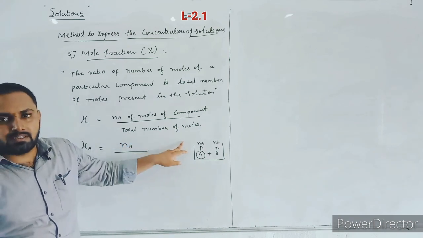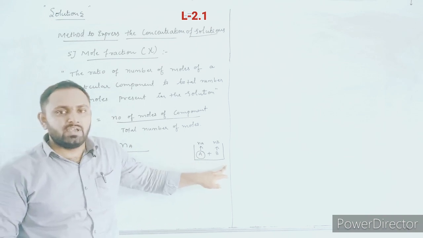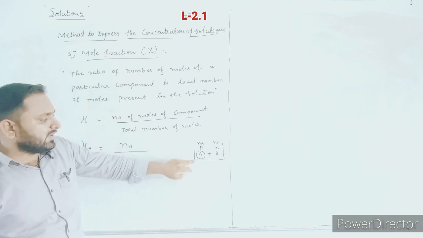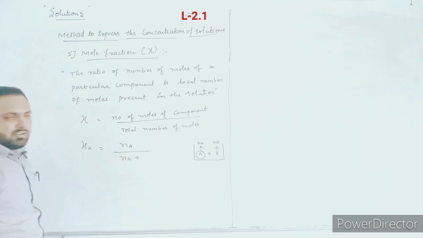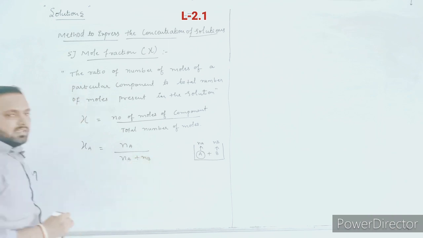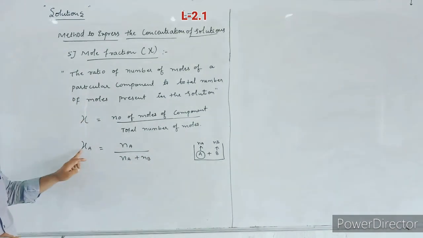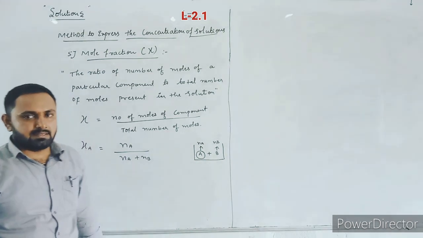Total number of moles means you have to add number of moles of A gas and number of moles of B gas. Here number of moles of A gas is equal to Na. Next plus number of moles of B gas is equal to Nb. This is the mathematical expression to calculate mole fraction of A component in the solution of AB gas.